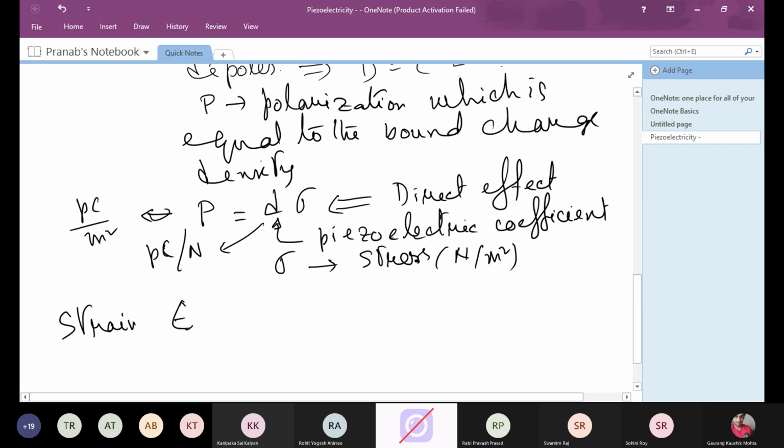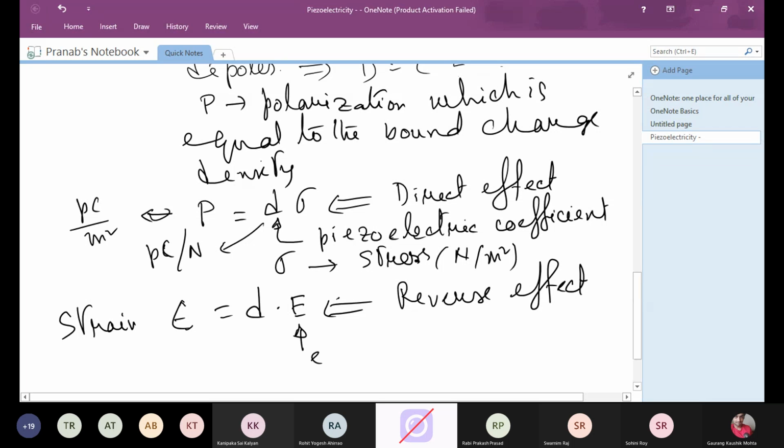Strain is equal to d into E. So this is the reverse effect. Here E is the electric field, and d is the same piezoelectric coefficient.